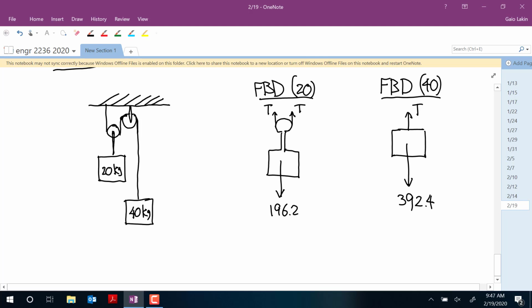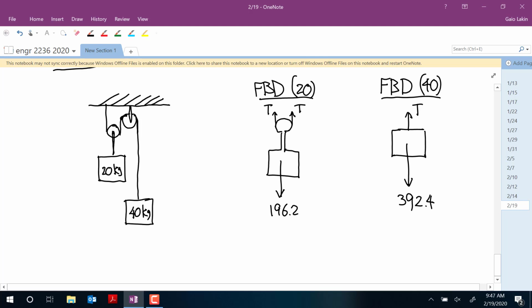Yep. And you can think of it this way. If you pull this down an inch, an inch more cable comes past the pulley over here, right? And that inch of cable that gets added to this side of the pulley has to be taken from over here, the other side of the pulley.